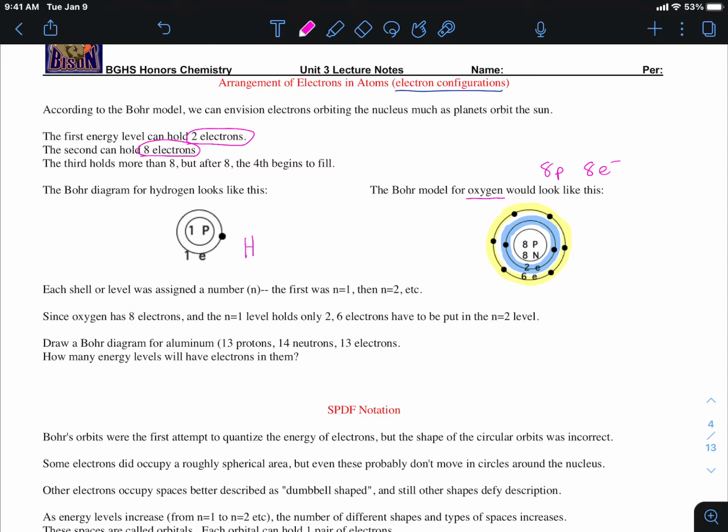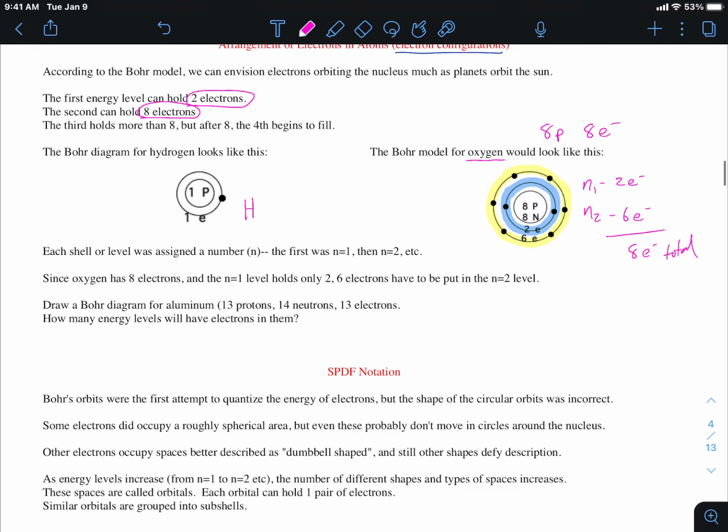Now, in energy level 1, there's 2 electrons. In energy level 2, there's 6 electrons, because we just said the total was 8 electrons, and the second level can hold up to 8, but in this case, there's only 6 to put in there. So if there's 6, then there's just 6. The total is 8. Okay.